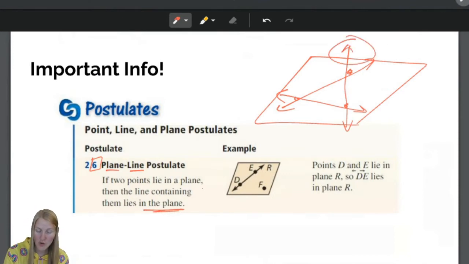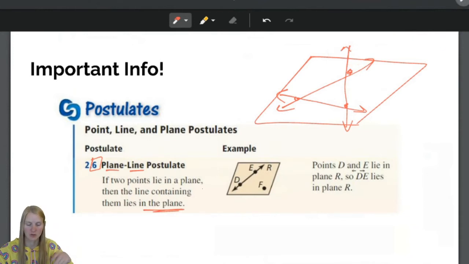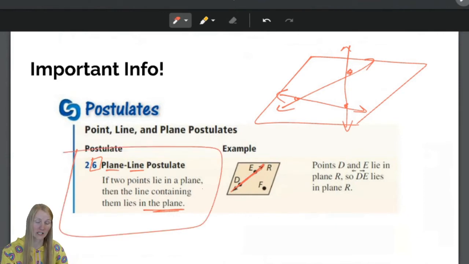Even if the arrow goes outside of the boxed picture, remember, these extend forever. So this side of the box actually extends much further, just like this line extends much further. So it doesn't matter if the arrow is sticking outside of the box or not. If 2 points are in a plane, the line made by connecting those 2 points is also in the plane. Hopefully you're writing these down.